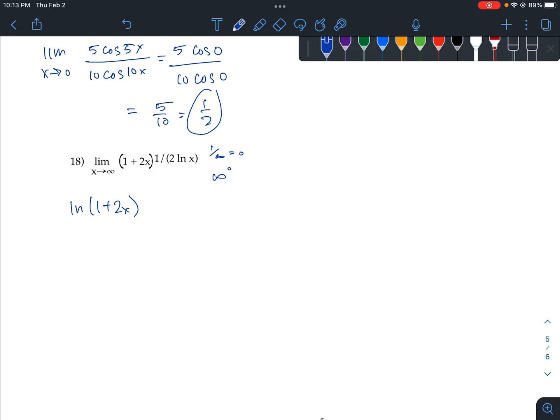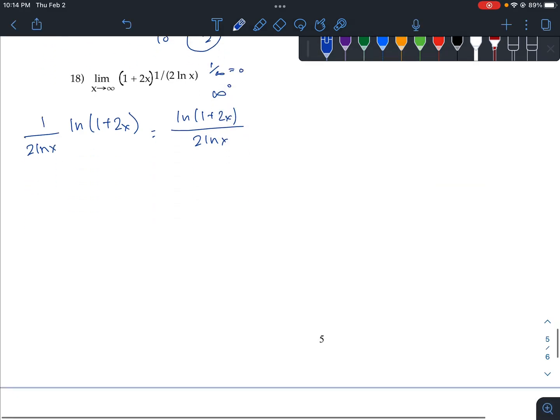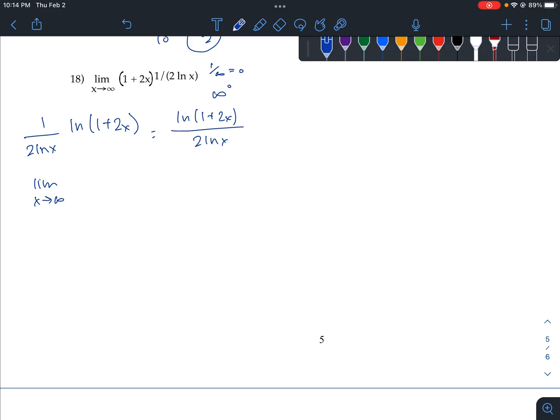So that's going to be 1 over 2 natural log of x, which is equal to the natural log of 1 plus 2x divided by 2 natural log of x. And if I apply my limit as x approaches infinity of the natural log of 1 plus 2x over 2 natural log of x, I'm going to get infinity over infinity because that's just going to keep going to infinity.